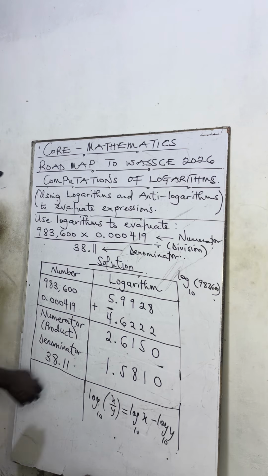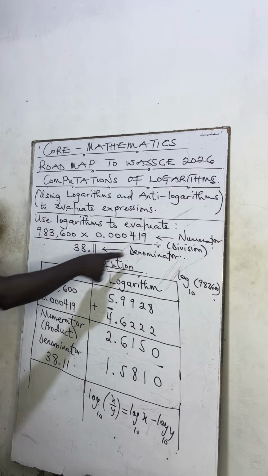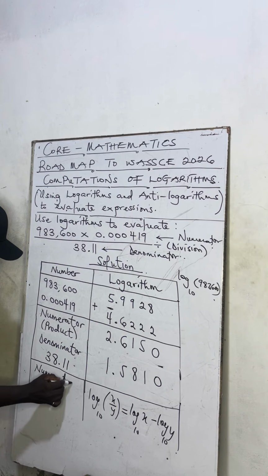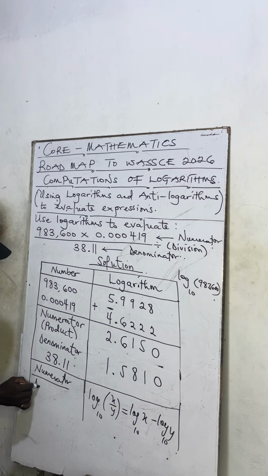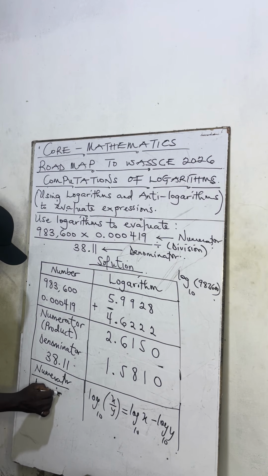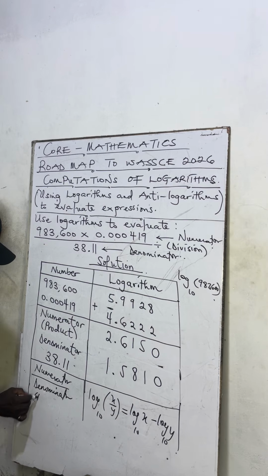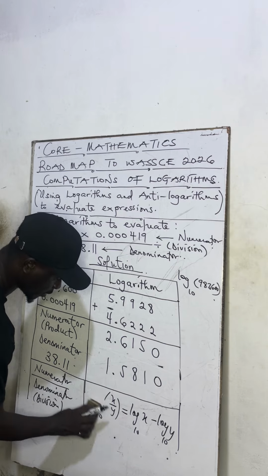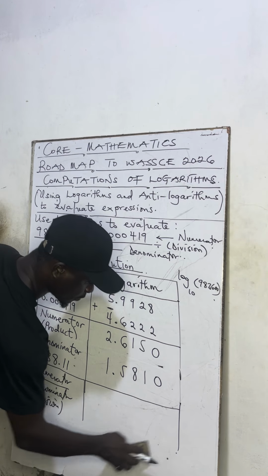So if they are dividing, we subtract. If they are dividing, we subtract. So here, there is division here. So we write numerator divided by denominator, that's into bracket division.